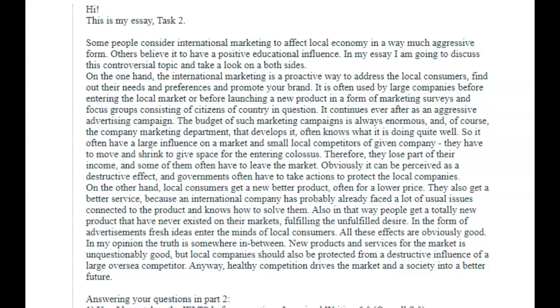So the first thing essentially is that it needs to be structured appropriately. All right, you need to have a clear topic sentence. You need to have a couple of main ideas about how international marketing does these positive things that we talked about in the task, in the prompt, where they say that it helps spread ideas, it helps spread language, it helps spread culture, it's an economical form of education.